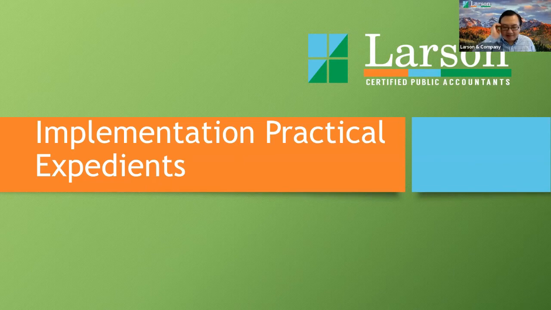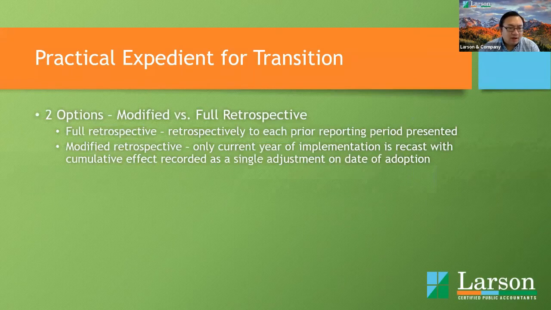And we have this last section about practical expedients for transition, as well as disclosures that you will need to include now for your footnotes to your financial statements. As you can imagine, this is pretty daunting for a lot of companies, especially how widespread this is across different industries. So they have issued practical expedients to help with some of the transitions.